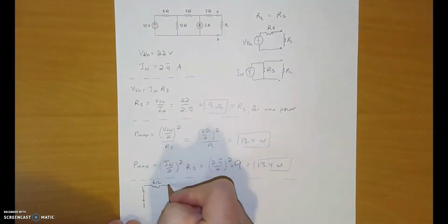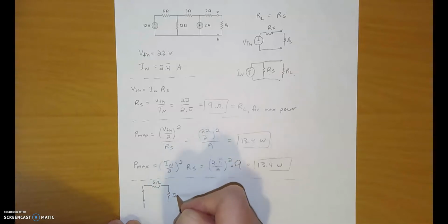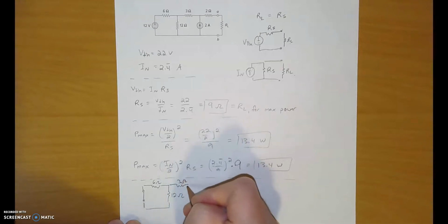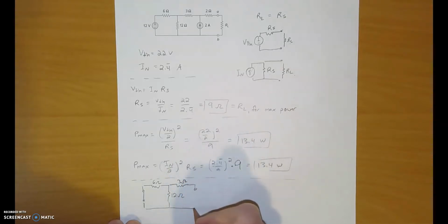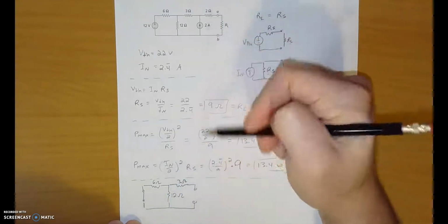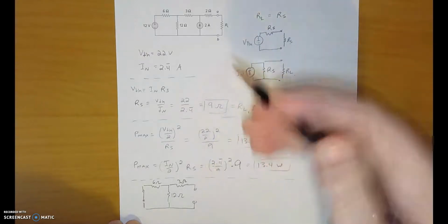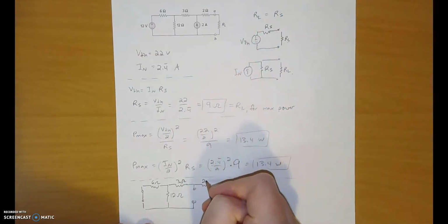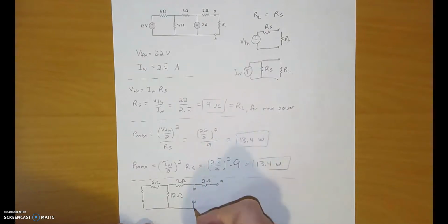And I have 6 ohms, and I have 12 ohms, and I have 3 ohms, and this 2 amps will become an open circuit. 0 amps means there's nothing going on there. And then I have my 2 ohms, and then I have A and B.